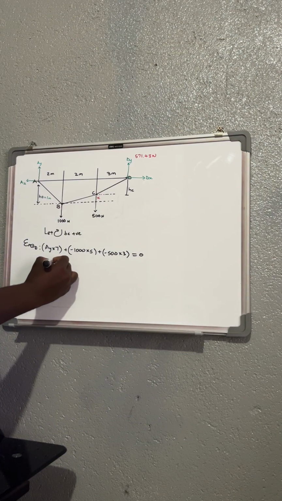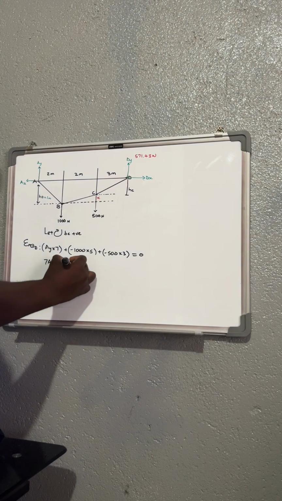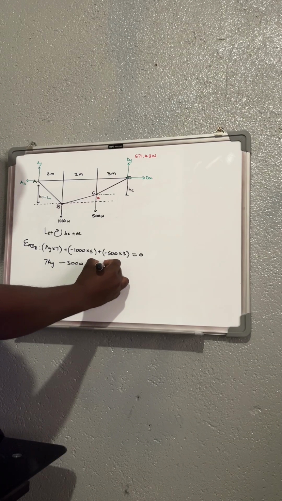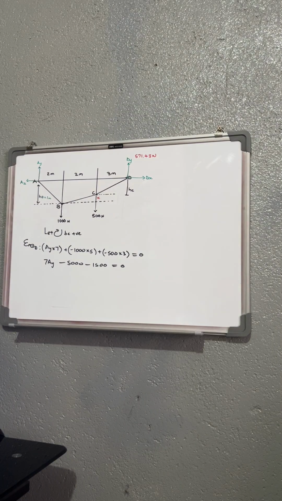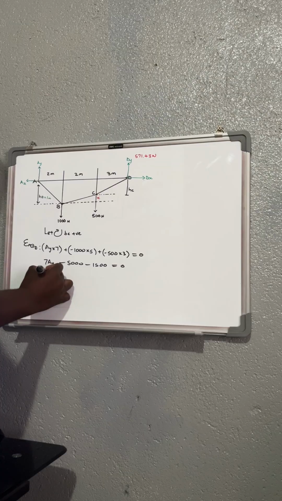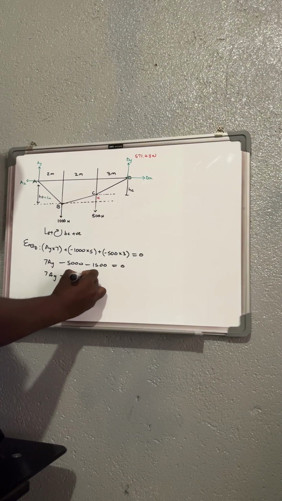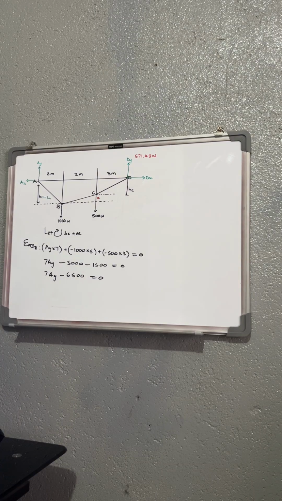We have 7AY minus 5,000 minus 1,500. This is equals to 0. Then we're going to have 7AY minus 6,500. Then this would be equals to 0.